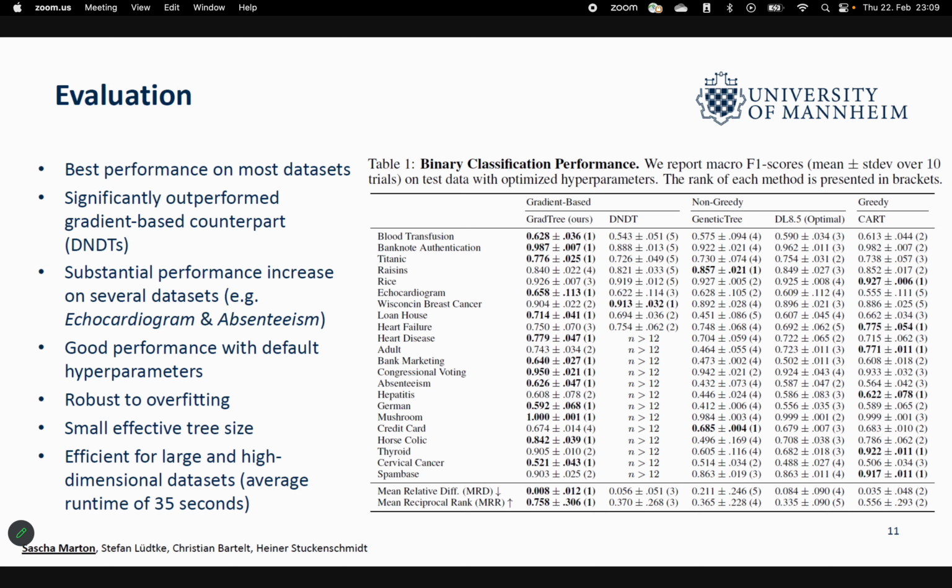We also achieved good performance with the default hyperparameters, so our method does not rely on an extensive hyperparameter optimization, which is also important. Our method is really robust to overfitting, and we have a small effective tree size. The effective tree size is the size of the tree after pruning. And even though our method is not as fast as CART, we are still efficient for large and high dimensional data sets with an average runtime of only 35 seconds.